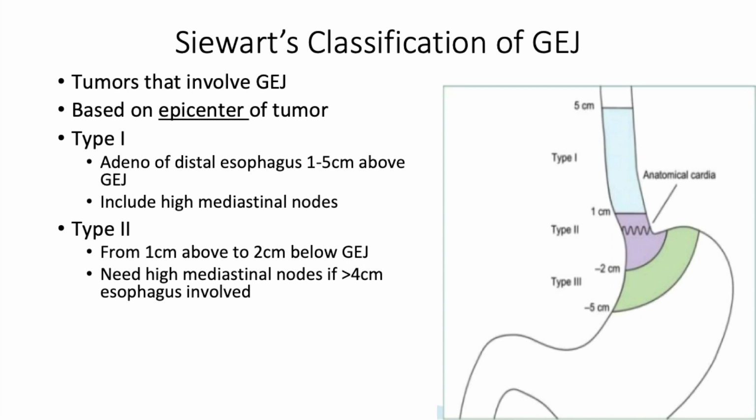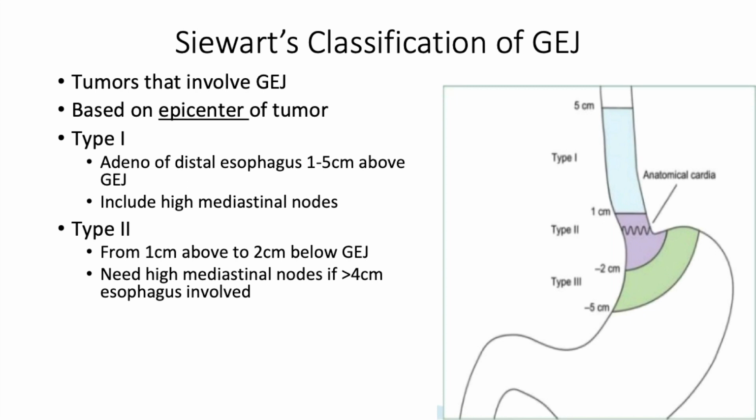Type 2, this is from 1 centimeter above to 2 centimeters below the GE junction. So these are true GE junction tumors, right in the middle, right at the GE junction. It's a little less clear how you're going to approach it. Do you approach it like you would approach a gastric cancer, or like you would approach an esophageal cancer? Sort of depends how high the extension is.